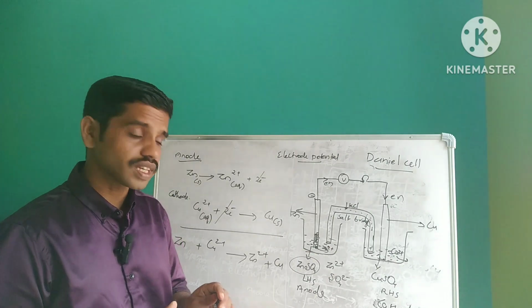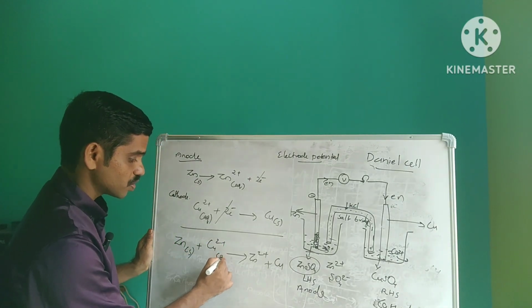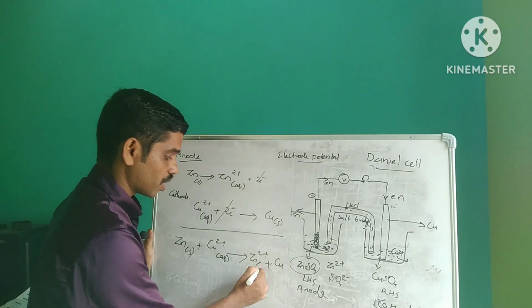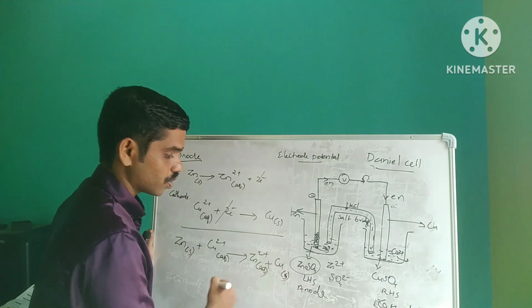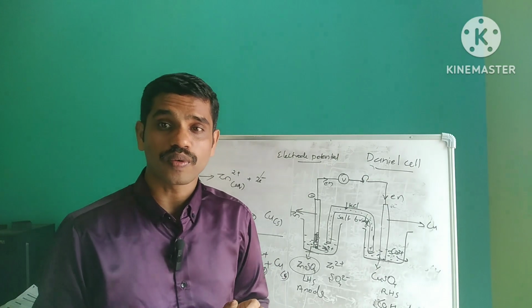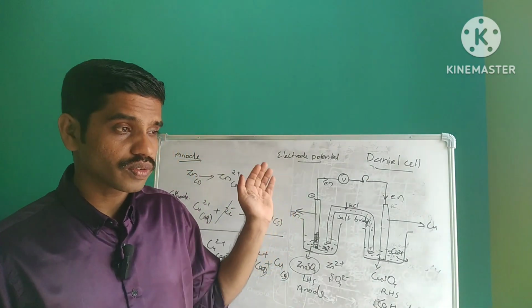Then write the states also. Zn is in solid state. Ions means they are dissolved in water, that is why aqueous. Cu is solid.